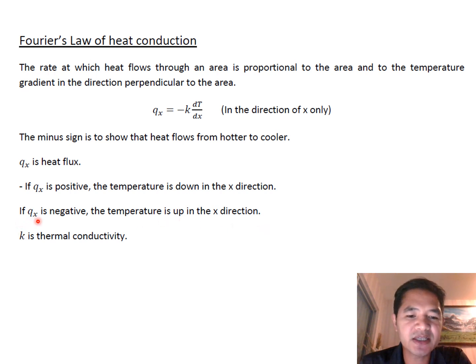If q_x is positive, dT over dx is negative, and negative times negative is positive, right? So q_x positive means the temperature decreases in the x direction.